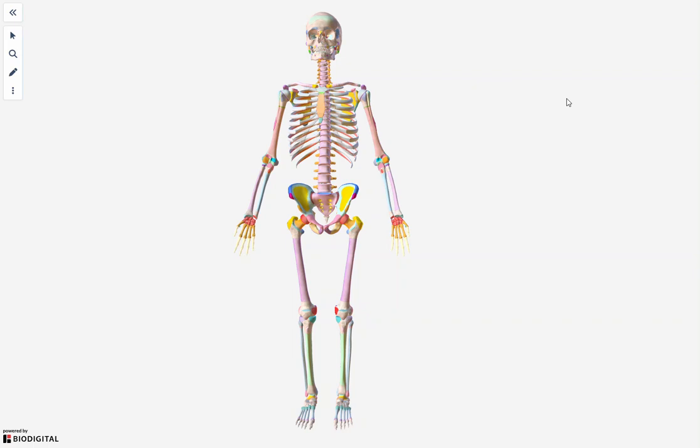Okay, so this person is in anatomical position, which is a laterally rotated arm with the thumbs pointing away from the midline. Their palm side is facing up.